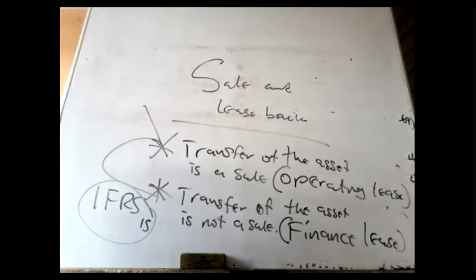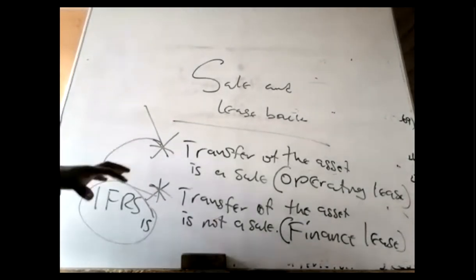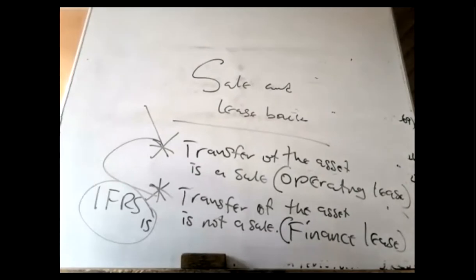Now, currently, there is a revision going on in this area. So very soon we'll come out with a revised treatment of the sale and leaseback transaction. Basically, let's go through the common treatment.